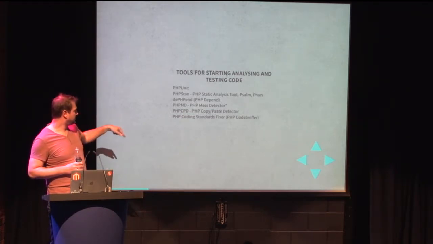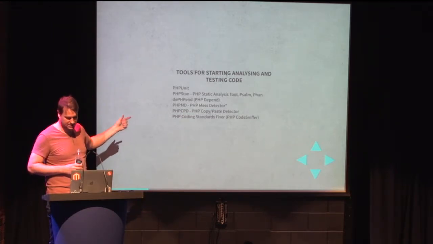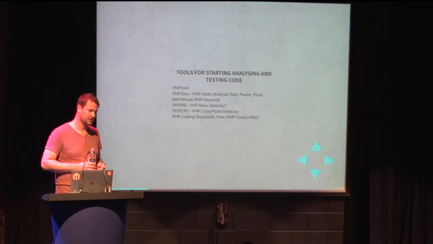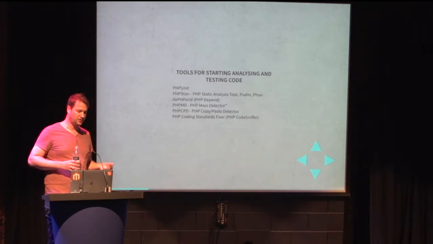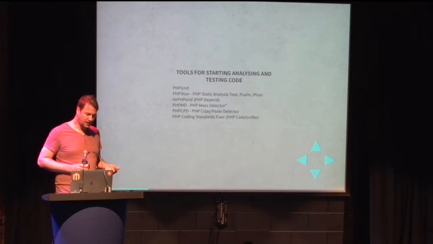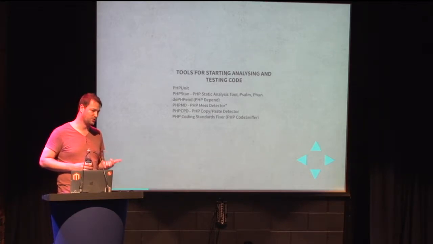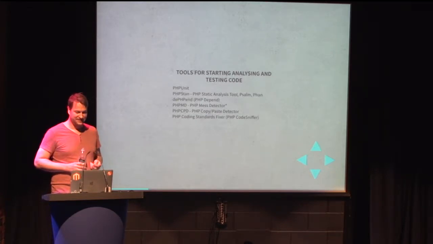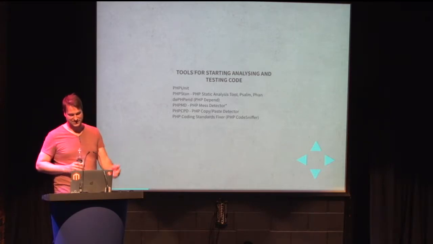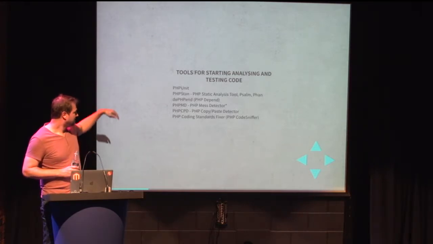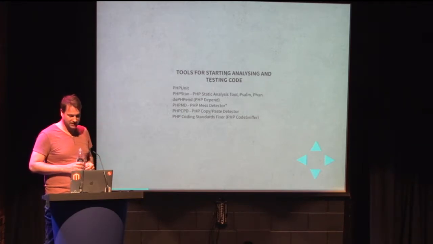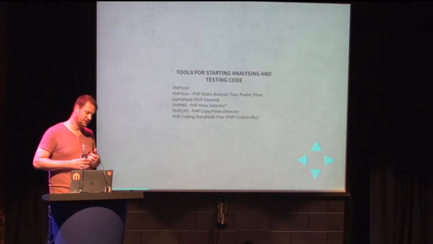Then there are tools like the PHP mess detector or the copy-paste detector, which looks if you have the same function in 2 or 3 classes, and the mess detector looks at your code quality. It checks things like whether you have documentation. So these are simple tools to get your code quality to a higher level.